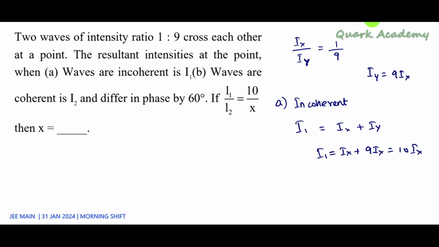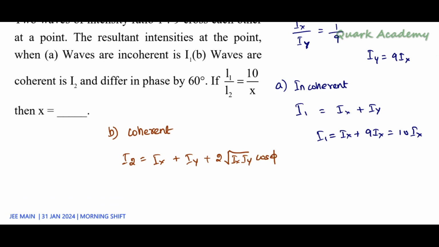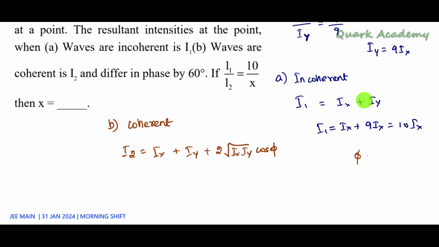This is our I1. And in the second case, they are coherent. Coherent in the sense they have the same wavelength, which means they can interfere. So when they interfere, the intensity we can write this way: Ix plus Iy plus 2 root of Ix Iy cos phi, where phi is the phase difference between them. In this case, phi is 60 degrees, and cos 60 degrees equals 1 by 2.